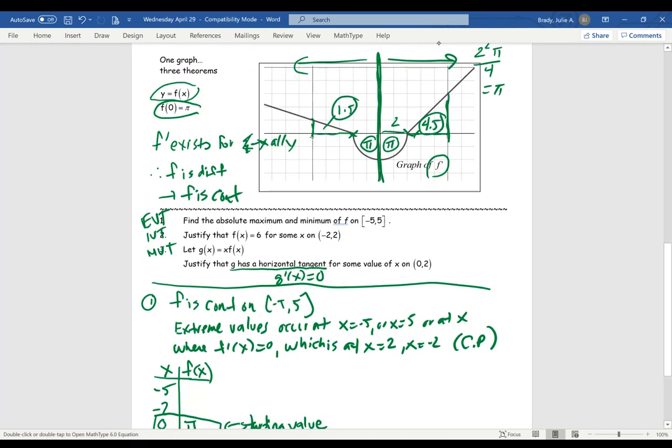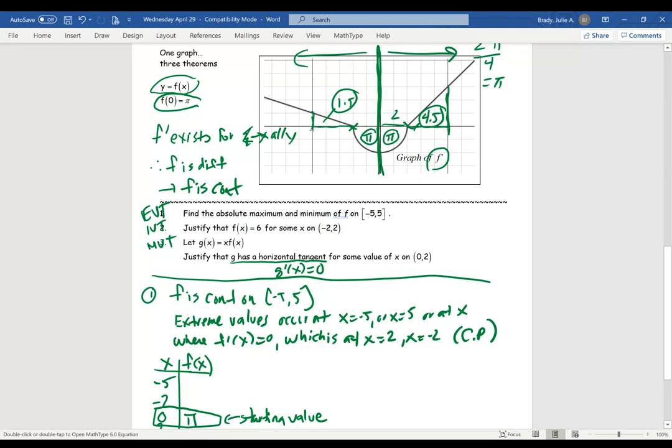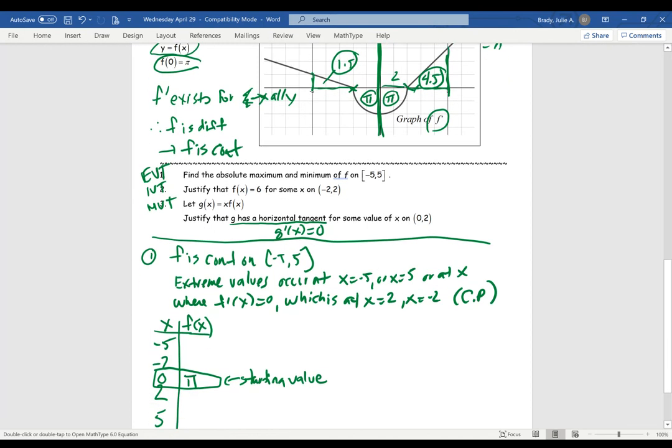Okay, now we just have to add up the areas. We have to be careful because this is going forwards. Going forwards, below is negative, above is positive, and it's the reverse the other way. Okay, so let's start at 0. If we're going to 2, we do the starting value pi minus pi, which is 0.